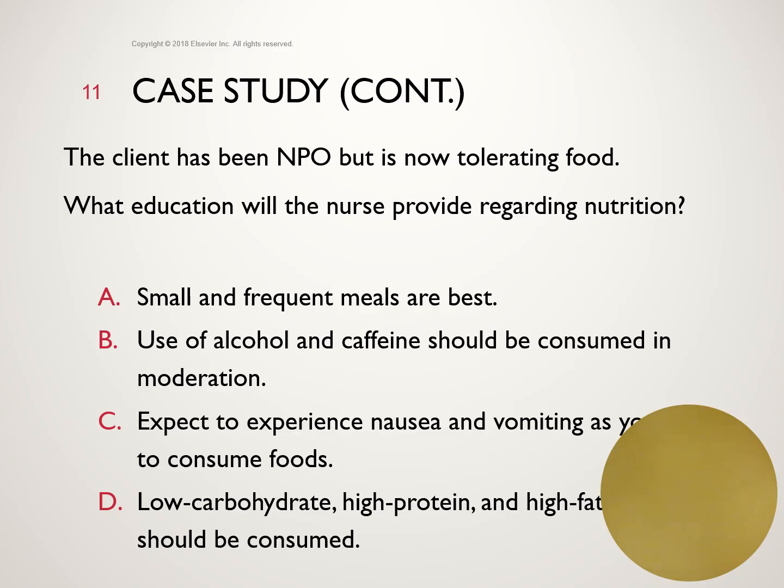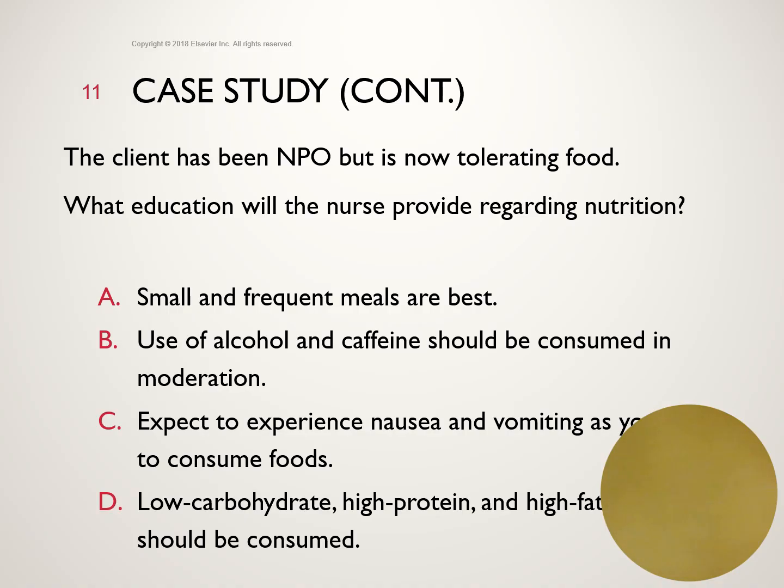The client has been NPO but is now tolerating food. What education will the nurse provide regarding nutrition? A: Small and frequent meals are best. Alcohol and caffeine should be consumed in moderation. Expect to experience nausea and vomiting as you begin to consume foods.